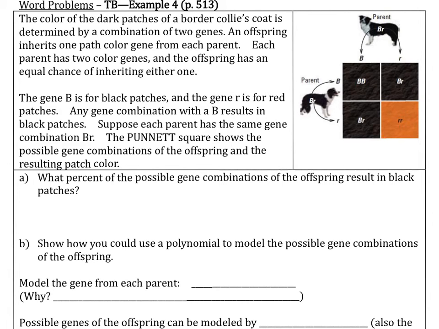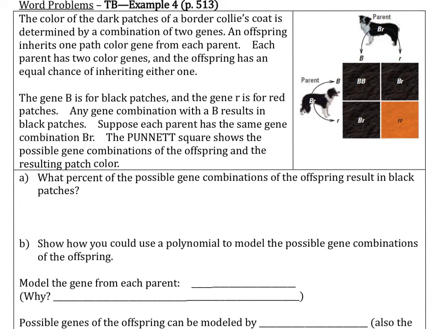Okay, any gene combination with a B results in black patches. So if we have B times B here, this would become a black patch dog. B times little r would also be a black patch dog, and so forth for this one as well.